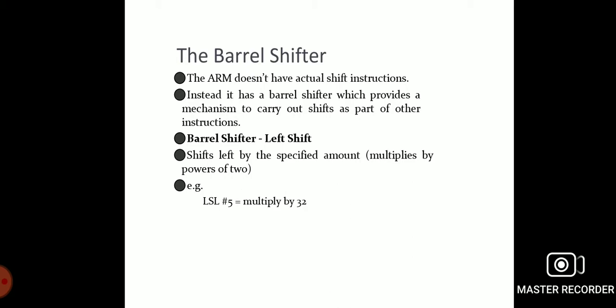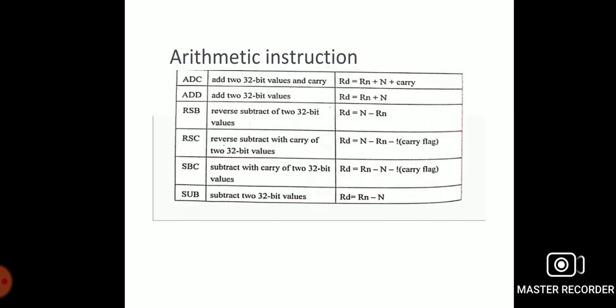Now we can see the arithmetic operations. These are the arithmetic instructions of the ARM processor. So the ADC, that is add 32-bit values and carry. So the value of the Rd register is equal to Rn plus N plus carry.